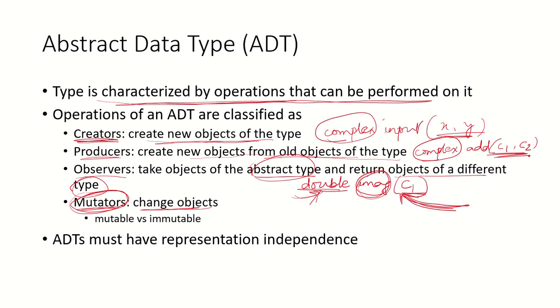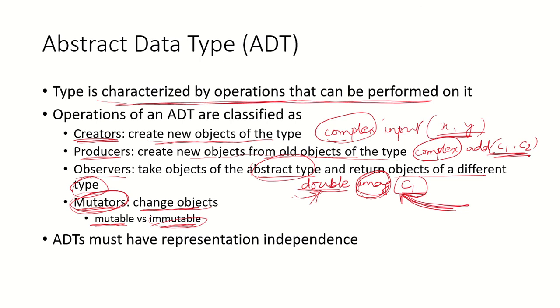So mutators change objects, and we say that the type is mutable. Versus immutable, where if we have a particular data type and we make changes to it but it remains the same, you cannot change it, then we say that it is immutable.